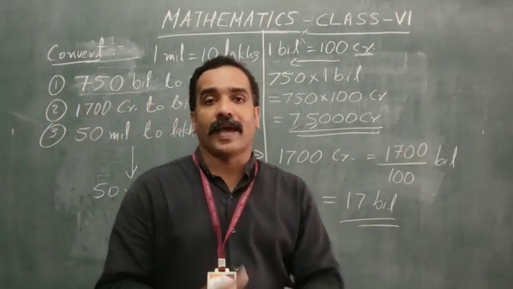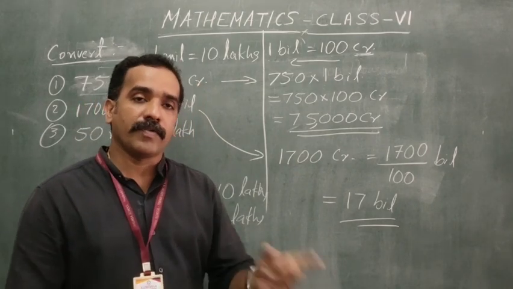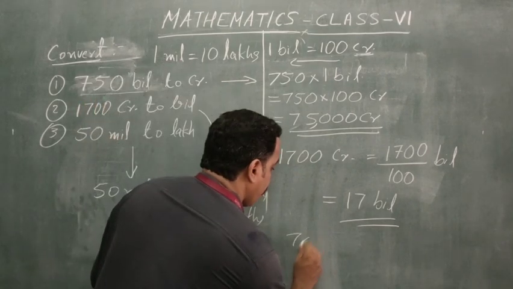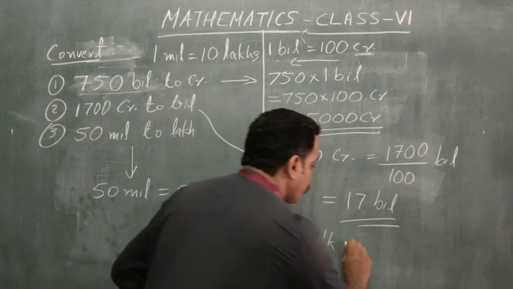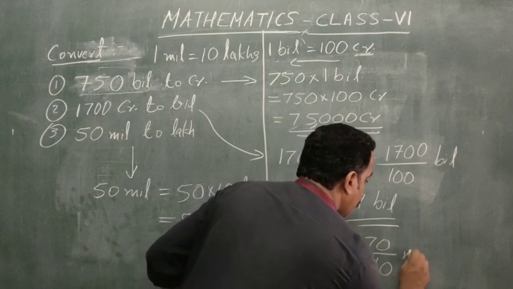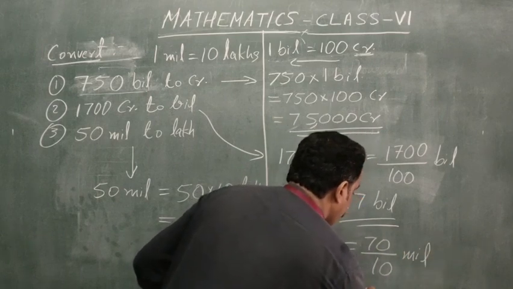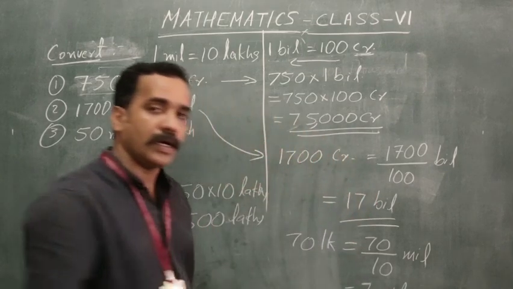Another, 70 lakh. 70 lakh means how many million? If a question is there, what do we have to do? 70 lakh is equal to 70 by 10 million. That is equal to 7 million.